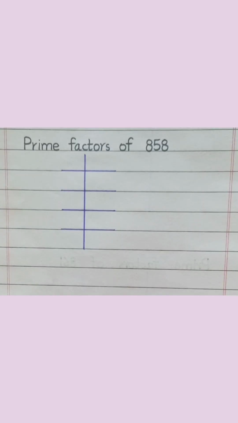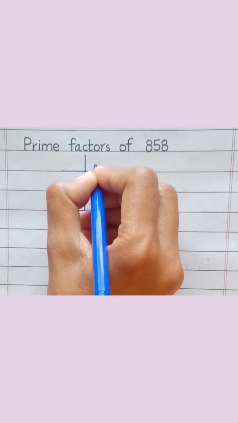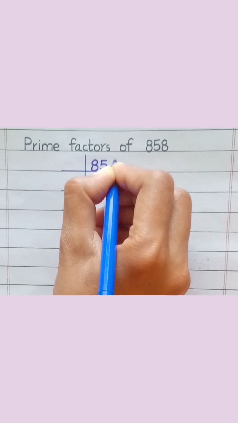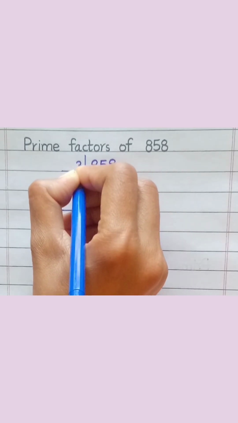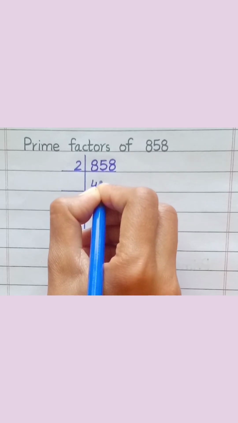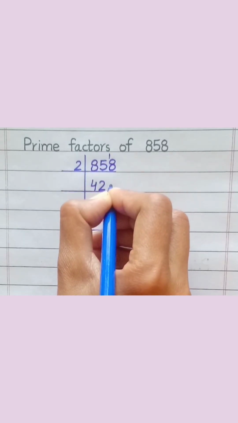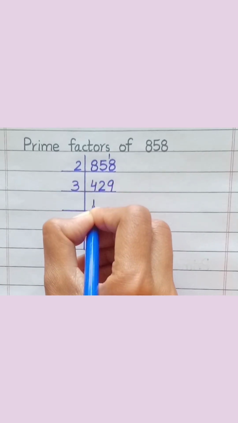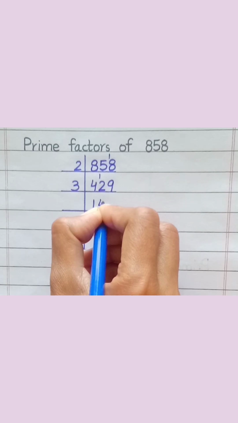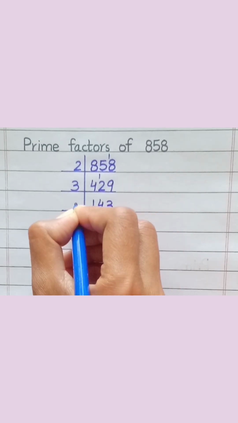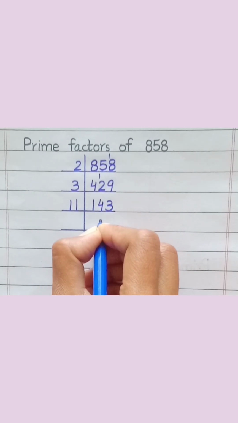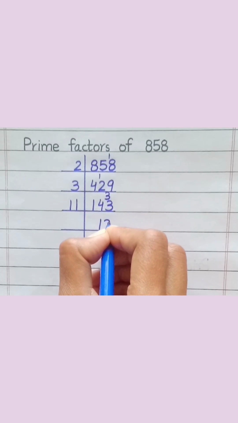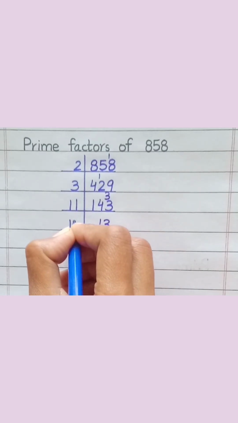Prime factors of 858. 2 fours are 8, 2 twos are 4, 2 nines are 18, 3 ones are 3, 3 fours are 12, 3 threes are 9, 11 ones are 11, 11 threes are 33, 13 ones are 13.